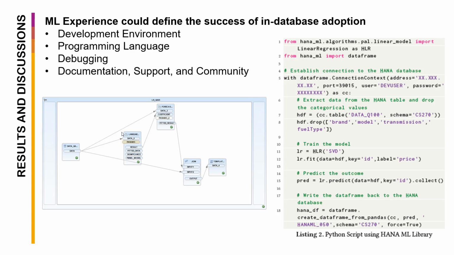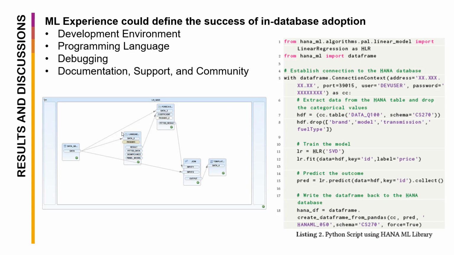In terms of the development environment, it is good for SAP HANA to provide a visual user interface, compared to other commercially available databases, which most likely are using SQL scripting. But this SQL scripting is also available in SAP HANA, so that those who are keen to use SQL commands can still perform in-database machine learning.